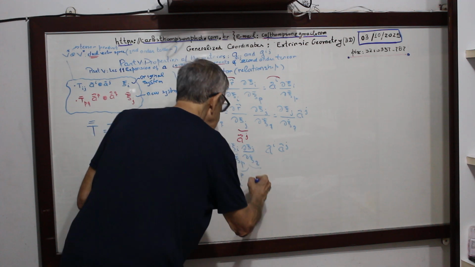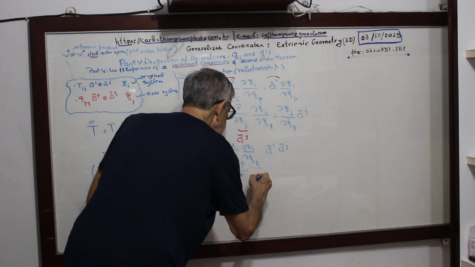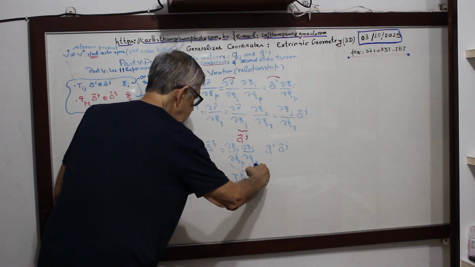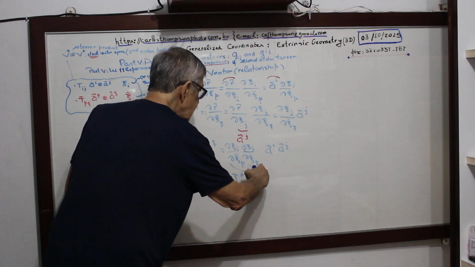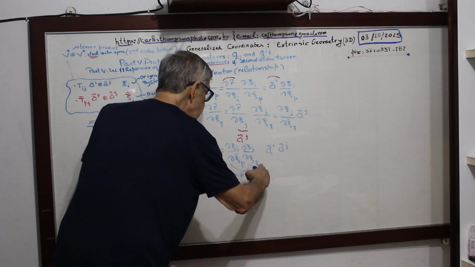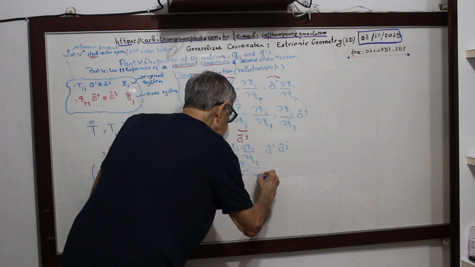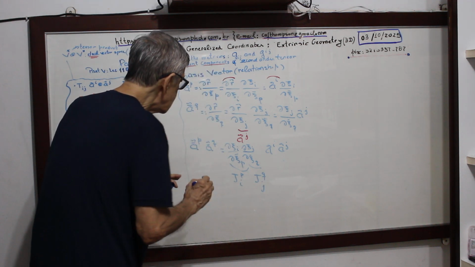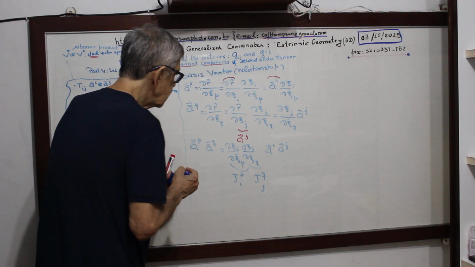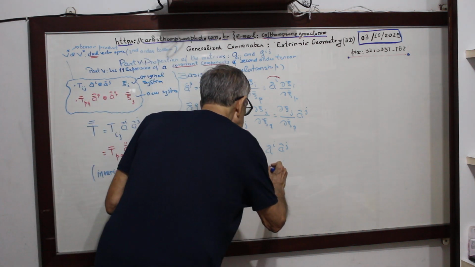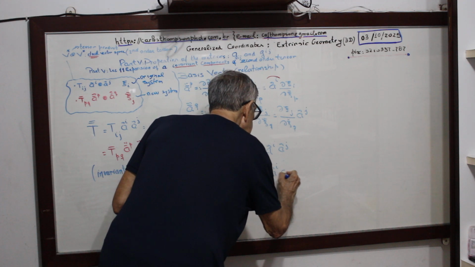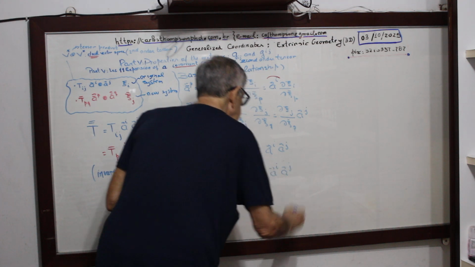The same for this j. Now, this is q. q behaves as a contravariant. So this q comes here, and this j comes here. Quite easy. Now I'll write A_i A_j.